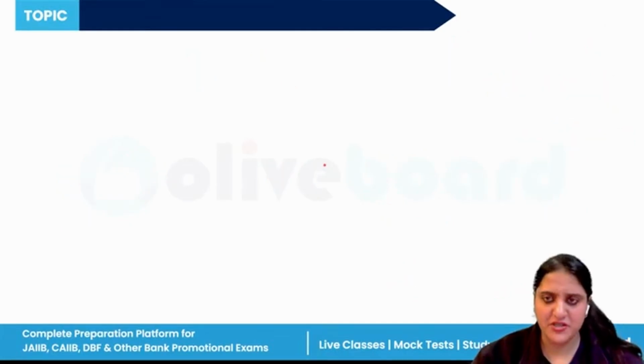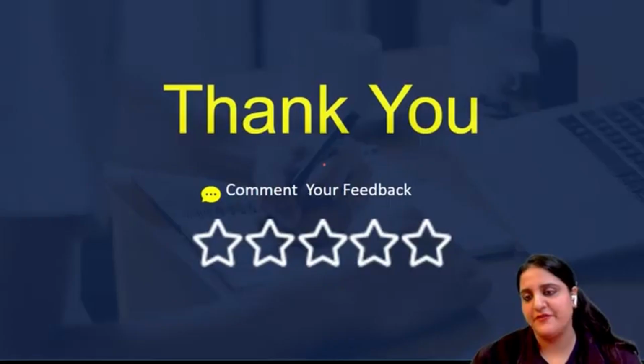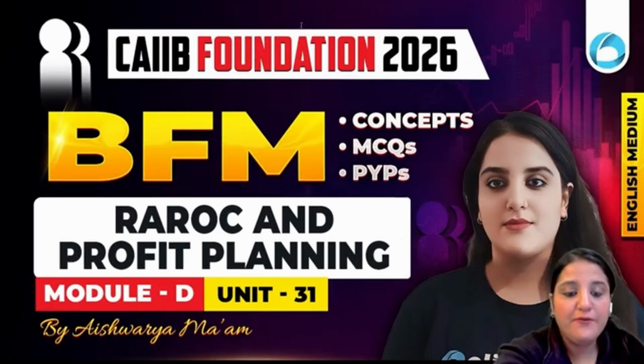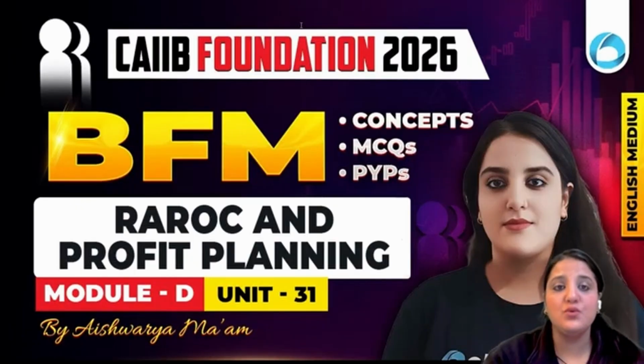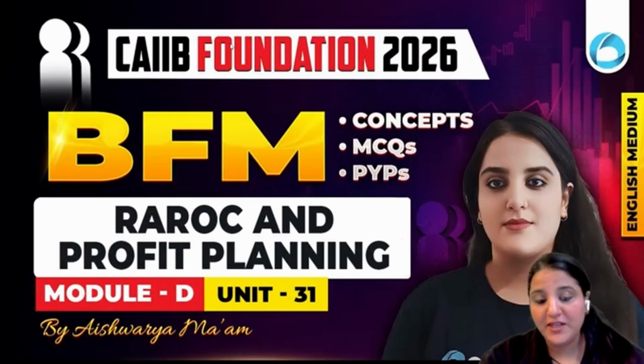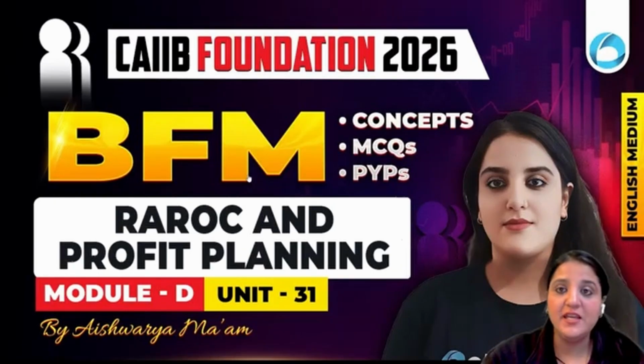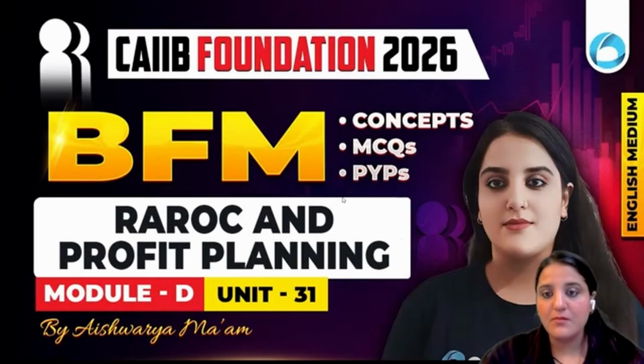So that is the only thing you have to learn here: just the definition, measures, and the types. That's enough. So in today's class, we are going to learn about RAROC, a very good chapter, where we will learn how banks do planning of the profit and the things related to RAROC, risk adjusted return on capital, which is basically used to measure investments while accounting for the risk.